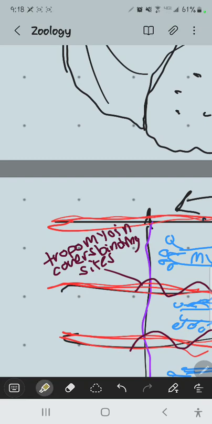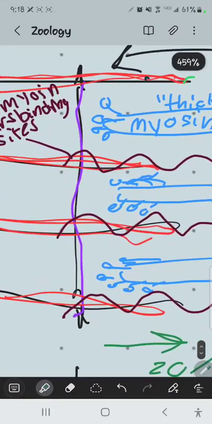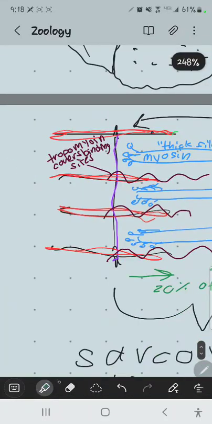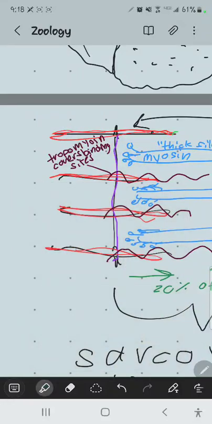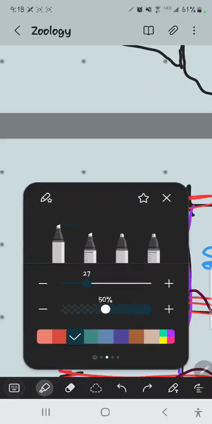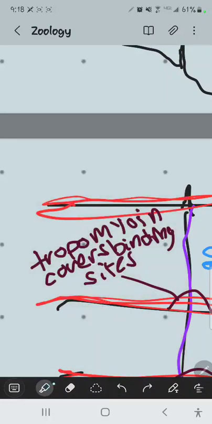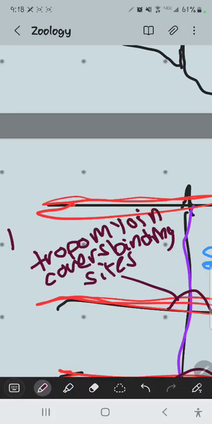Okay, so on the exam, I'll just say troponin and tropomyosin, they're basically combined together. Troponin is a binding site on the tropomyosin. It's basically a binding protein that is attached to the tropomyosin, and the tropomyosin is covering the actin. So troponin and tropomyosin kind of work together.